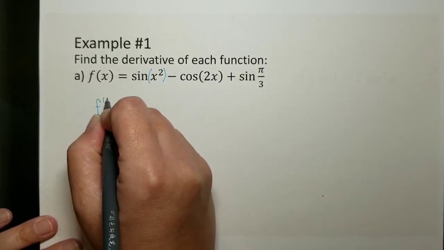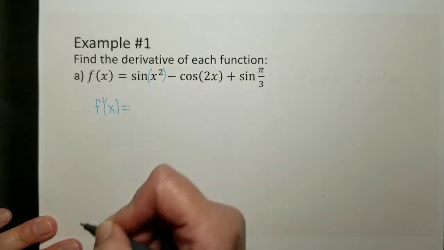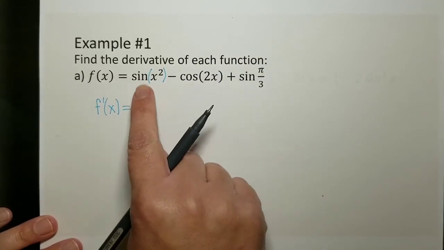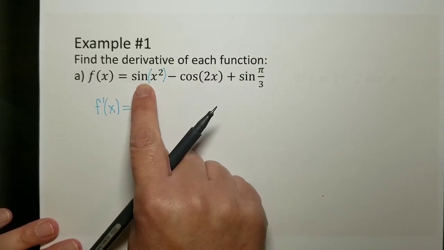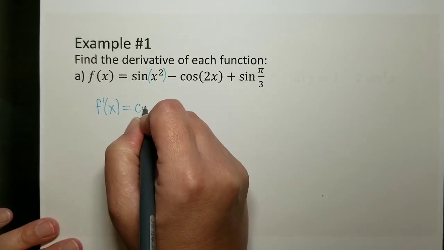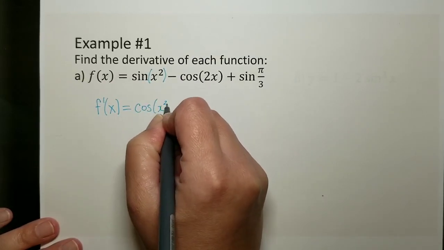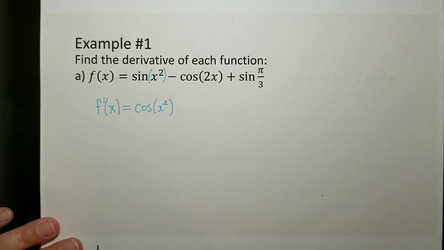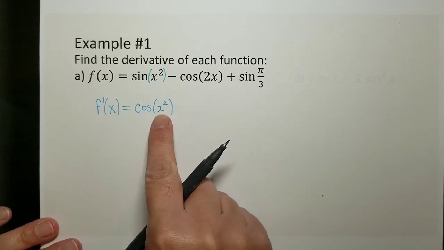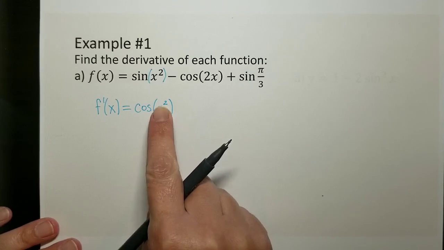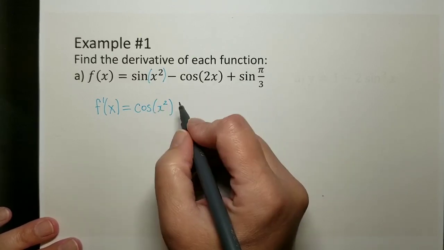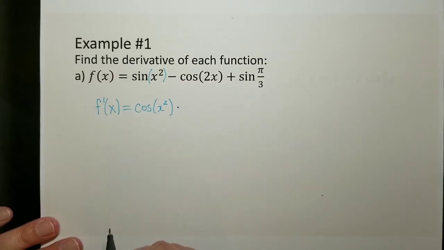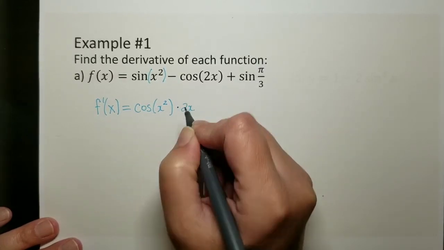So f prime at x equals, now the derivative of sine is cos. So I'm going to have cos, and I'm going to keep the inside stuff the same. Cos of x squared. But if it's not just an x in there, you have to multiply this by the derivative of the angle. So I'm going to take the derivative of that x squared, which is 2x.